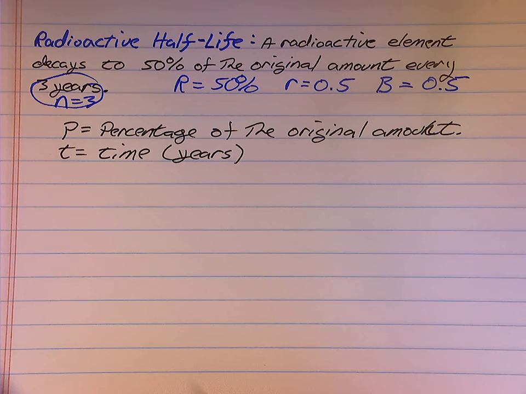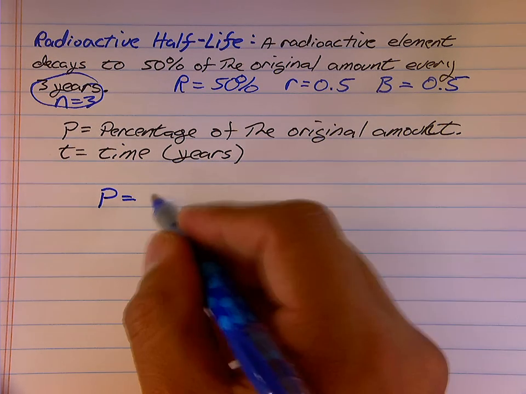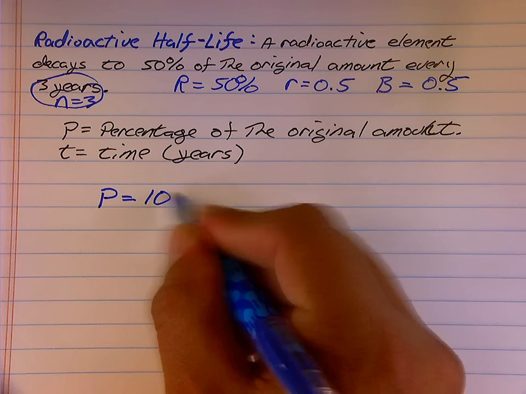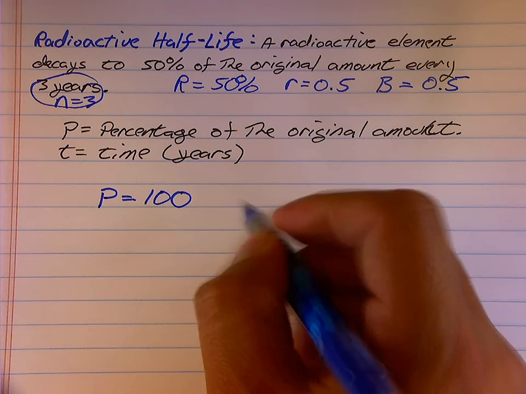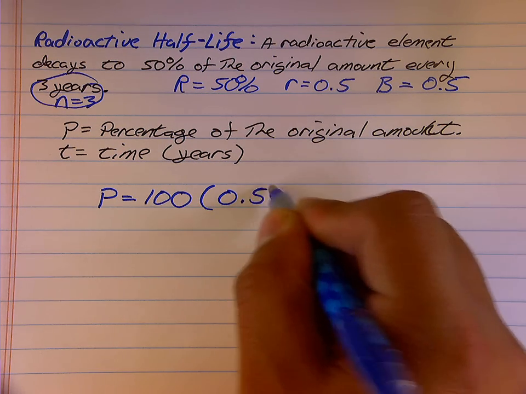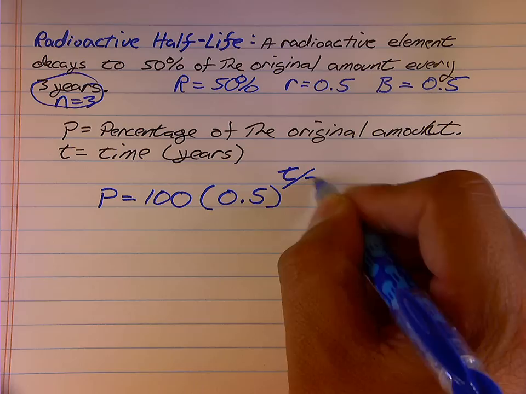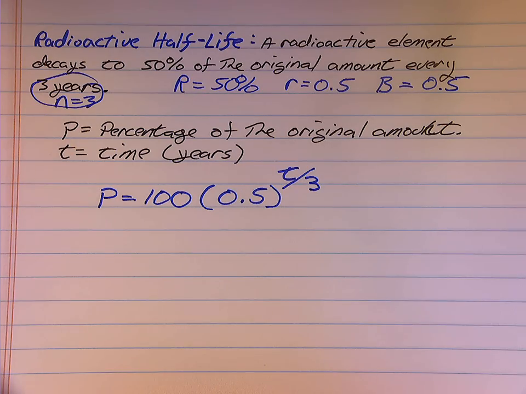So when we set up our formula, the percentage is going to start off at 100% of the original amount. The relative factor is 0.5, but it does not happen every year. It happens every 3 years.